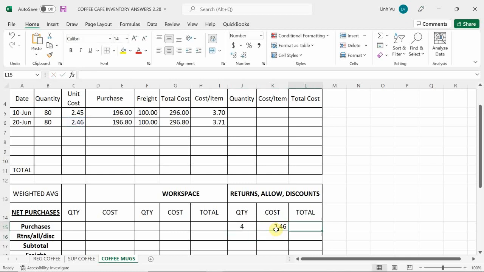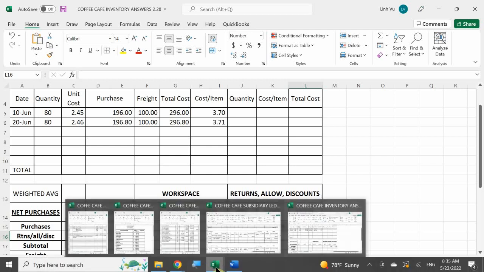So 4 times 2.46 gives us $9.84. So $9.84 is what I am returning. That's going to go on my journal.